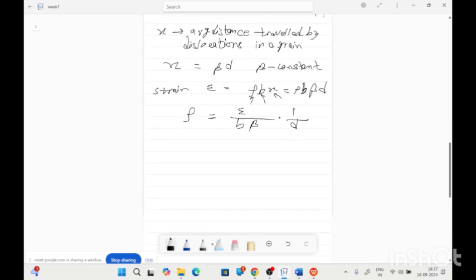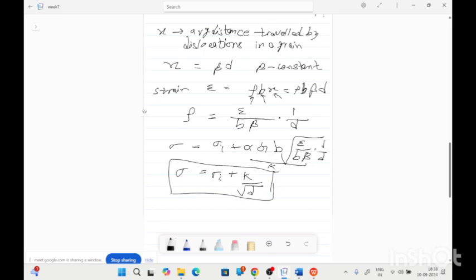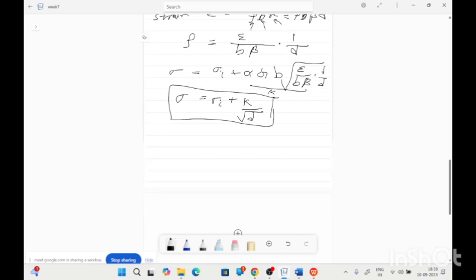Again, if we put this term in the Hall-Petch relation, alpha G b square root of epsilon by b beta times 1 by D. If we extract the 1 by D term and assume the remainder as k, the whole Hall-Petch relation from the work hardening theory can also be derived.